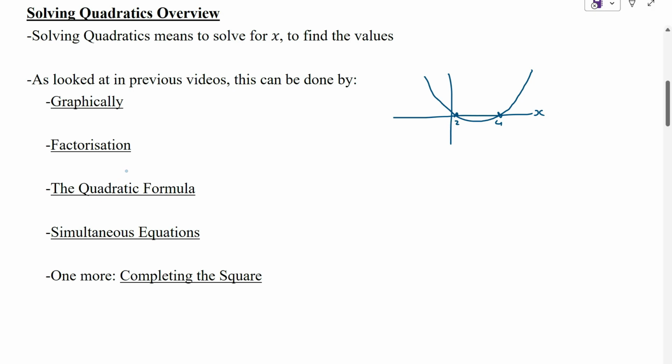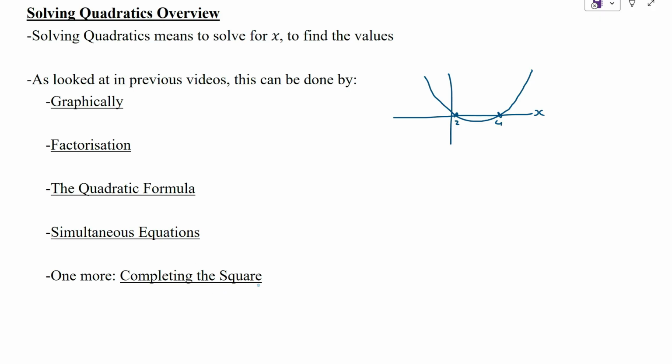Adding to this, another way that we can solve for x would be by factorizing an equation. Another similar way would be the quadratic formula, where we take an equation, we plug in the values for a, b, and c, and that would give us the values for x. Simultaneous equations are similar to these above. Now, the last one on this list is something called completing the square.